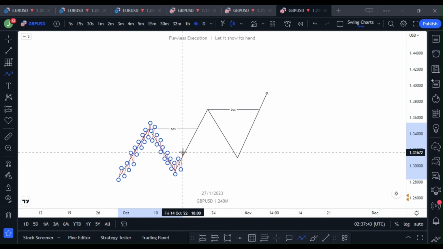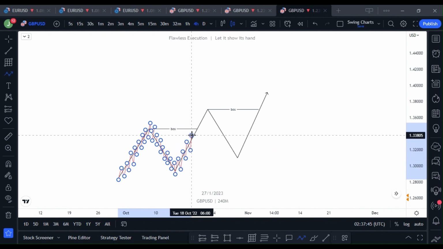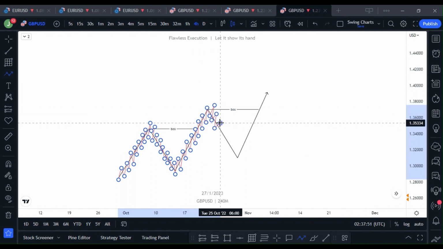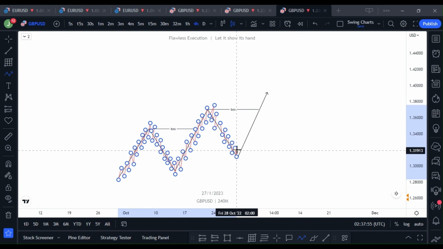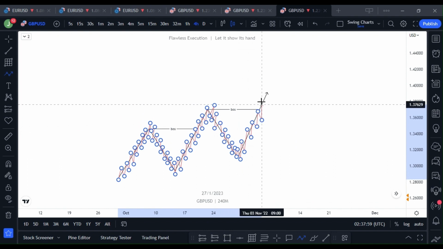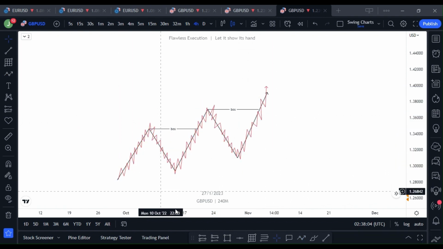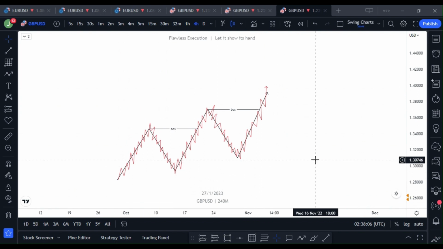Then we're going to shift back bullish to continue the 4 hour trend, and then we're going to break structure. The 15-minute is going to go bearish again until we pull back into discounted prices. We're going to go bullish again to continue that 4 hour trend. So black is 4 hour and red is 15-minute.